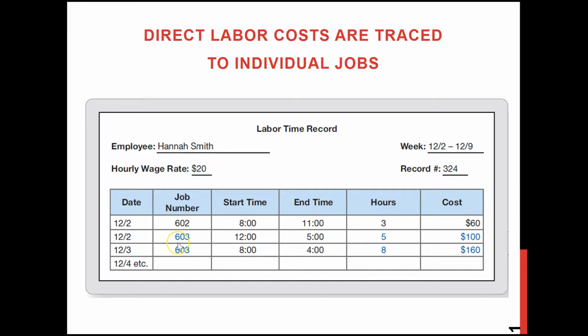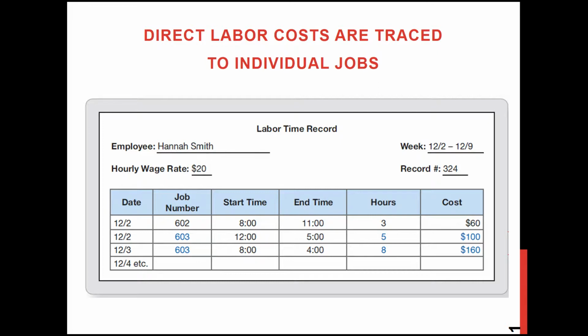Then they will identify how many hours Hannah is actually working for job 603. Hannah, of course, will keep the time, start time and end time, and this is how they figured out that Hannah actually worked 5 hours on December 2nd and 8 hours on December 3rd. They will multiply by her wage rate, and this is how they calculate the cost they paid to Hannah for that specific job.